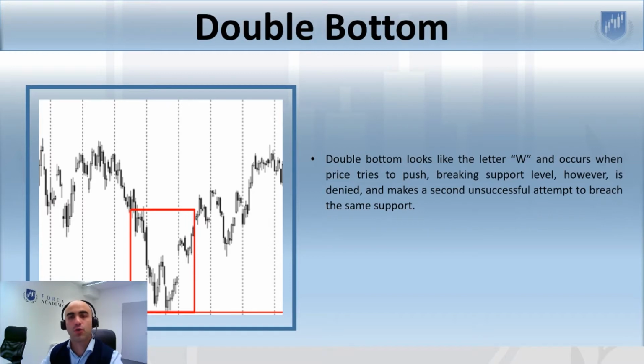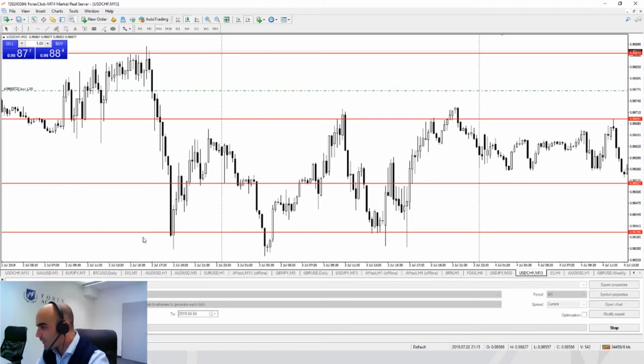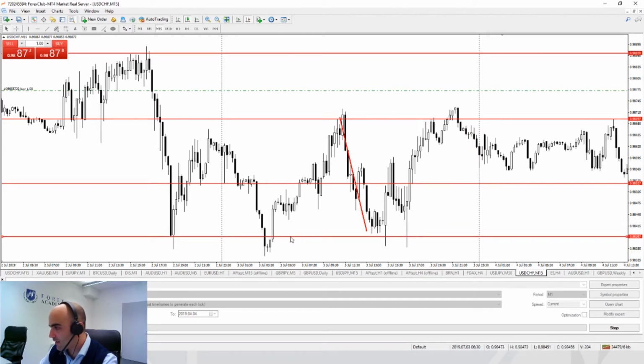I want to show you, as with the previous one, on a real chart. Let's move on. Over here we can see specifically that there is a bearish sell-off, and over here a very great and important support level.